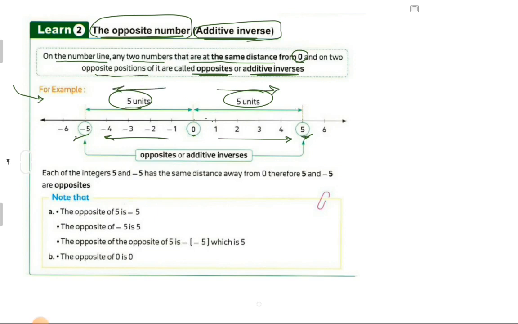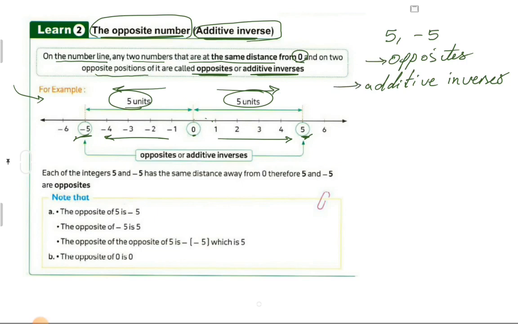We find 5 and negative 5, so 5 and negative 5 are called opposites or additive inverses. Opposites or additive inverses, 5 and negative 5.